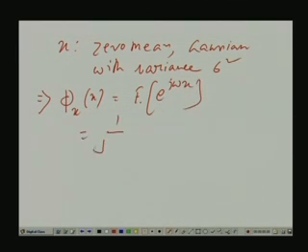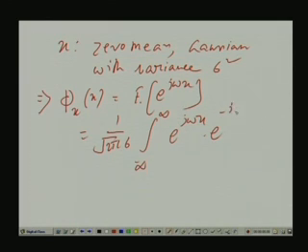This is nothing but the integral of e to the power j omega x multiplied by the probability density, e to the power minus x square by twice sigma square dx, because it is Gaussian.